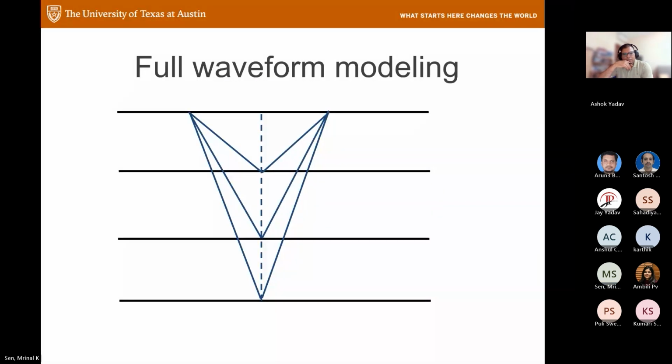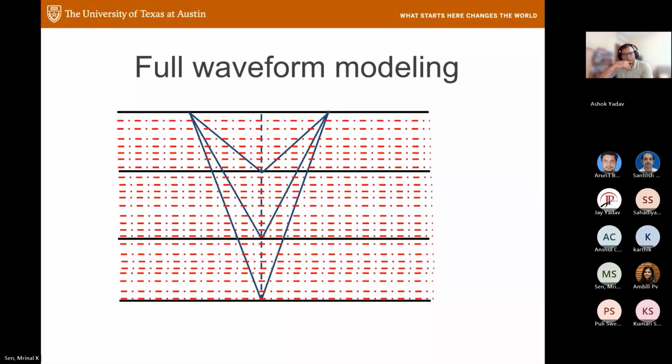We have these primaries, and then let's say that we have a lot of these layers. What you need to do here is to take into account all of these reflections and transmissions all the way from the top to the bottom or from the bottom to the top.